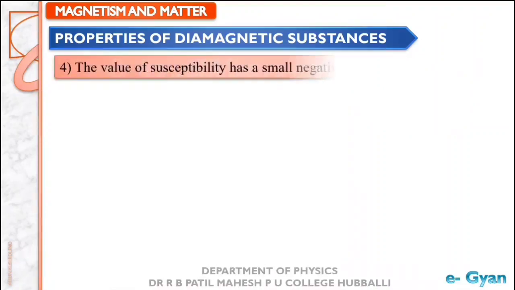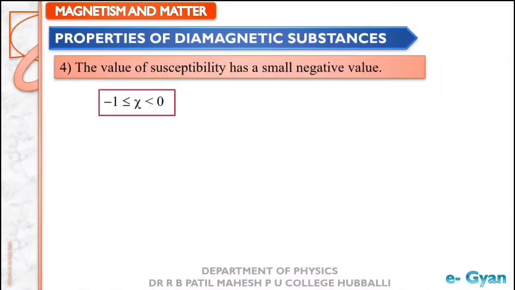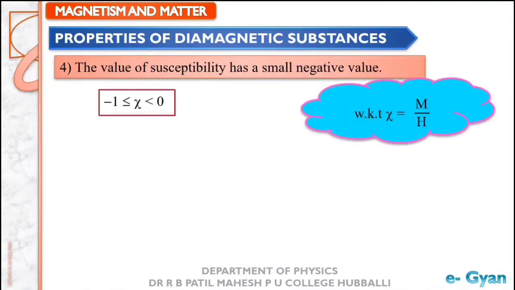Let us take the fourth property. The value of susceptibility is small and negative. So that means chi lies between -1 and 0. Thus the value of chi is negative. The reason is that chi is M divided by H, where M is magnetization and H is magnetic intensity.